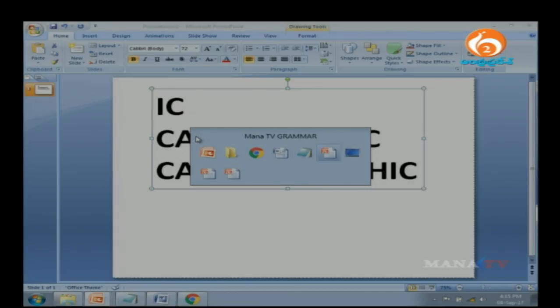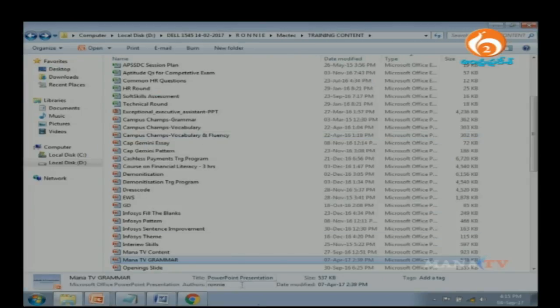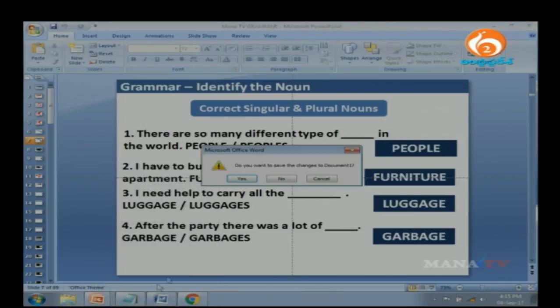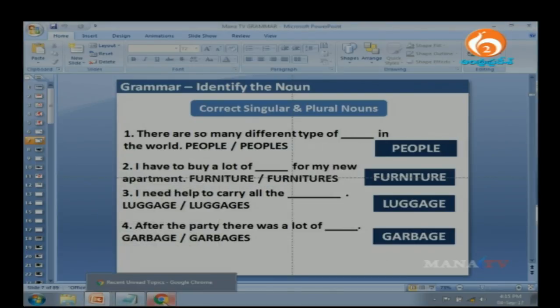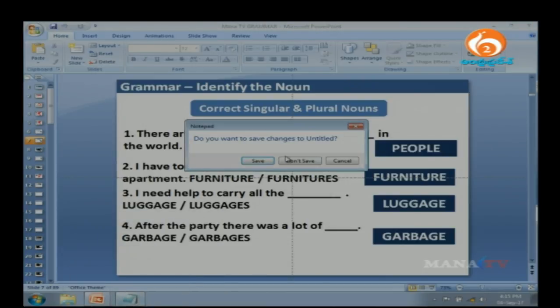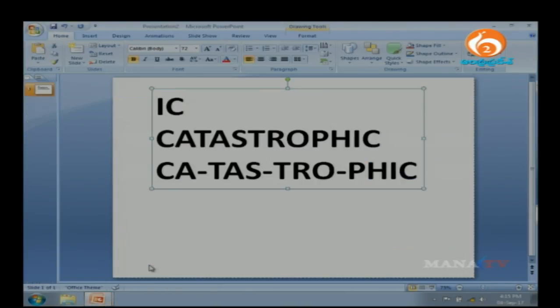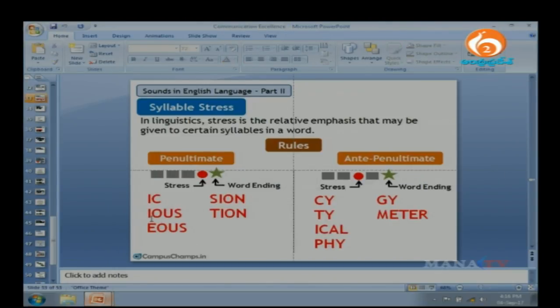Let's take the next example. The next one is IOUS.